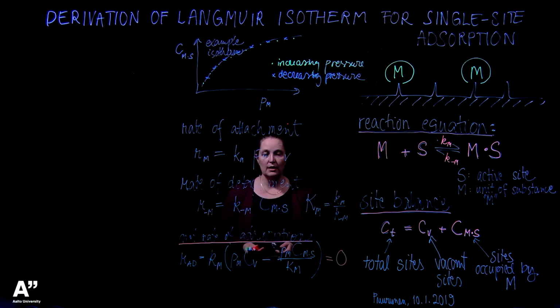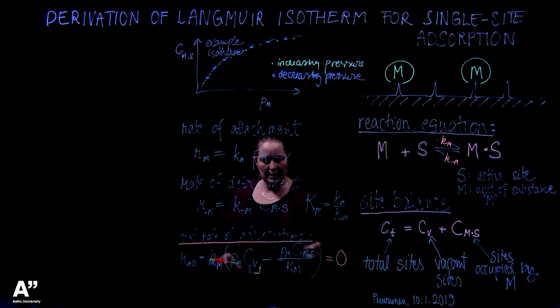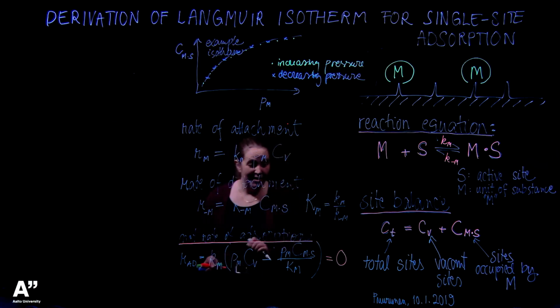This is our key to getting to the isotherm, the Langmuir isotherm, making the assumption that the net rate of adsorption is 0. Then what we want to do is solve for the CMS from here.